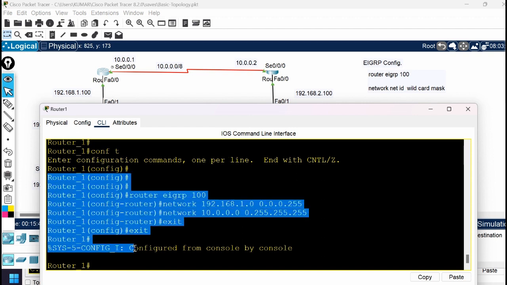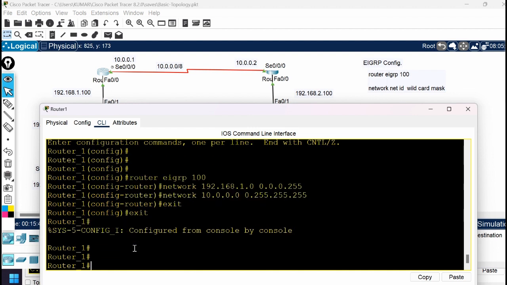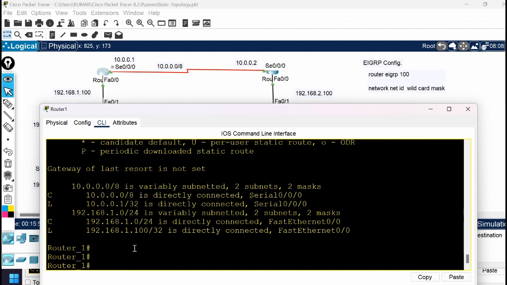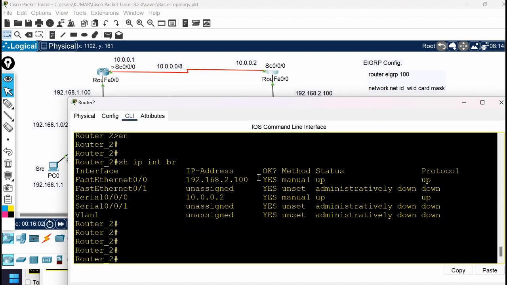Exit. This is my configuration of EIGRP in this router. Very simple. Make sure when you go ahead and verify show IP route, of course there is no update to the neighbor router, because the neighbor router is still operating normally. There is no routing protocol in it. So what to do now? I'll go to this router and configure the routing here as well.